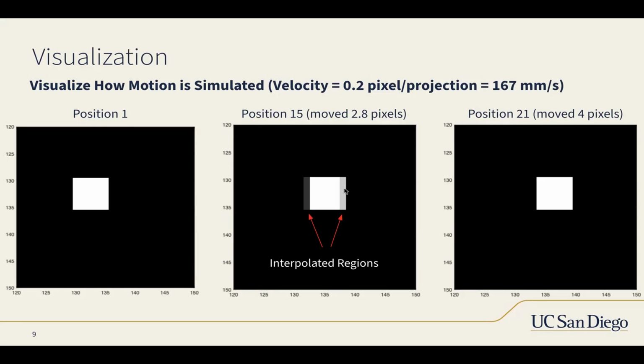That's what you see in these gray areas. This is the 15th position, and it's moved 2.8 pixels with this velocity. And this is the 21st position, to show that when it moves an integer amount of pixels, the phantom is just moved over by that many pixels.